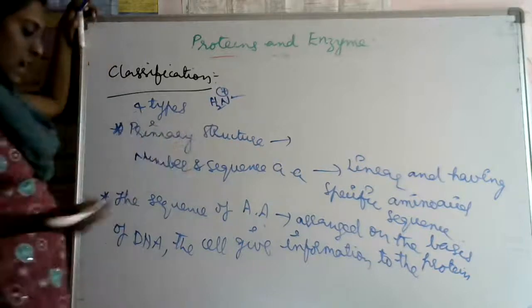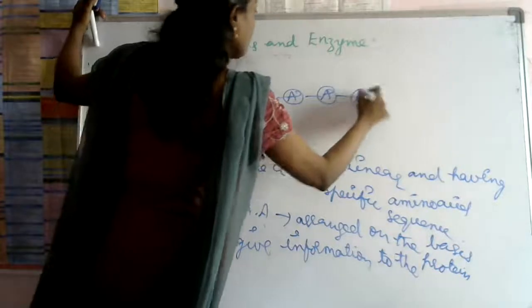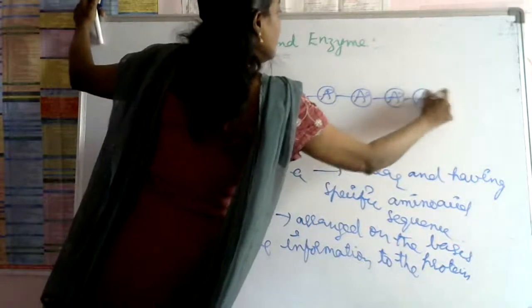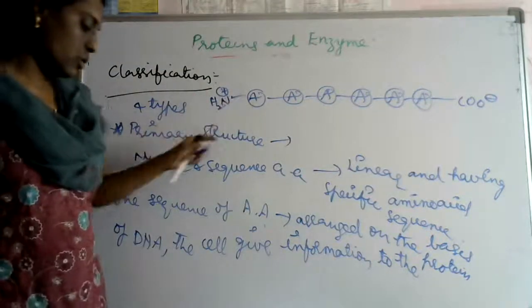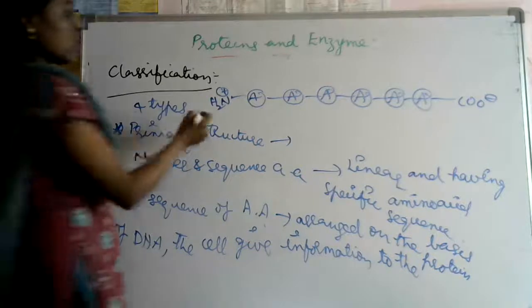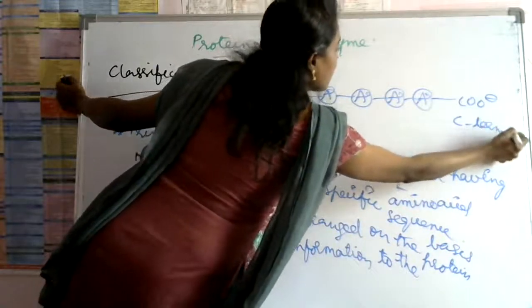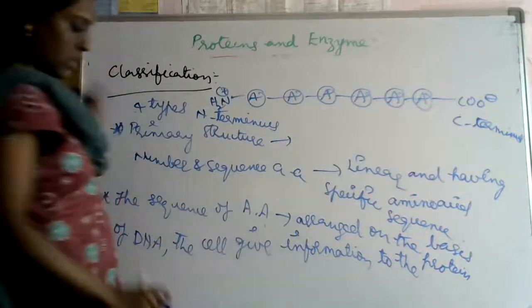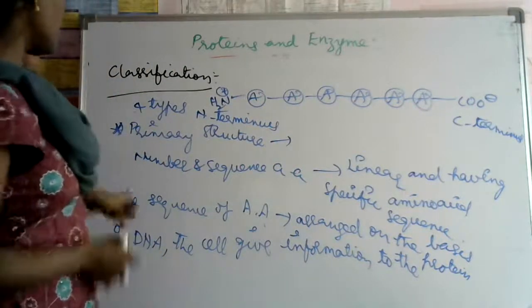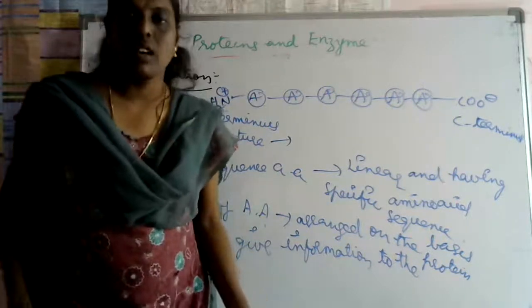Next, we have to add the amino acids. Like this, at another end a carboxyl group is there, and at one end an NH2 group. So this is called the N terminus, and this is called the C terminus. This is about the primary structure. Only one chain will be there, meaning a linear structure.